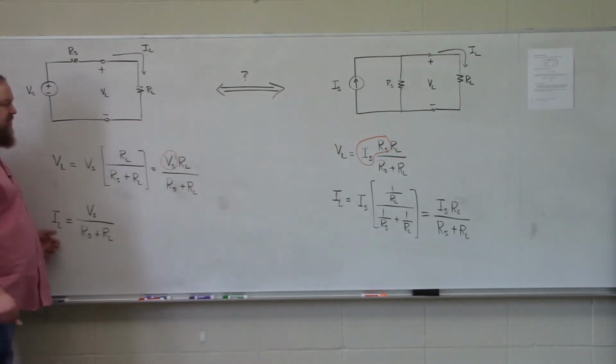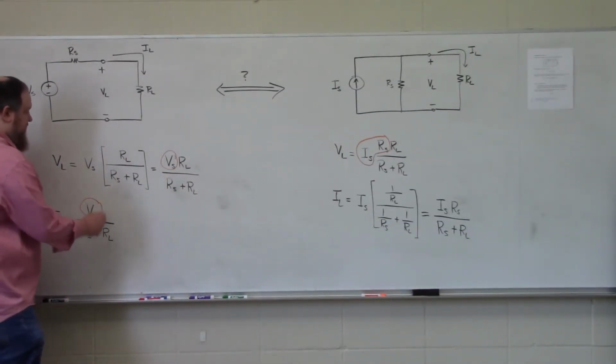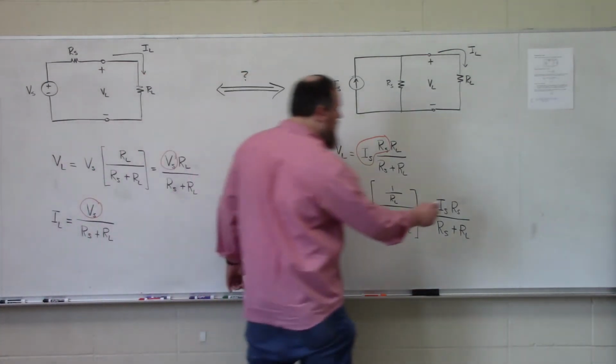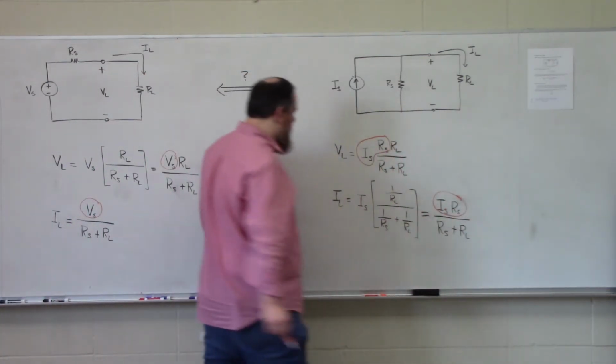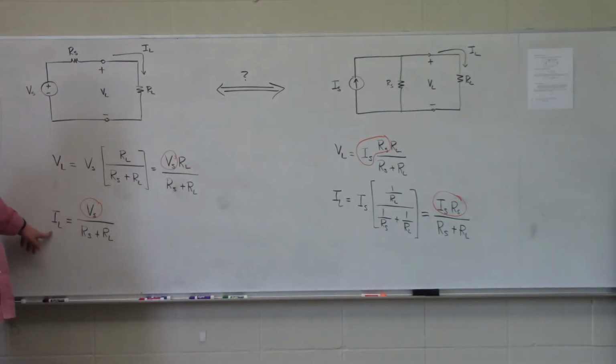And if we look at our current relationships, if Vs is equal to Is times Rs, then the IL for our practical current source and the IL for our practical voltage source are the same.